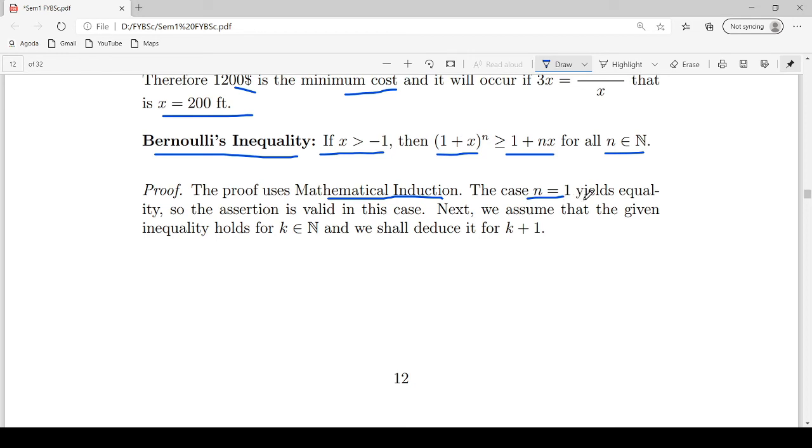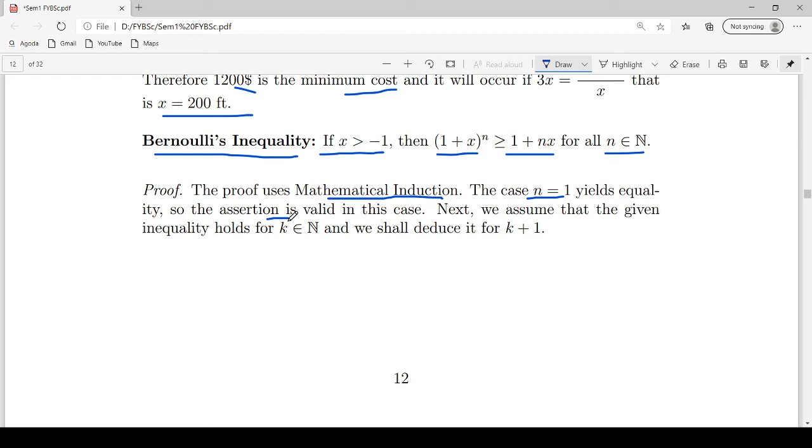If n is equal to 1, your 1 plus x raised to n will be equal to 1 plus x, and 1 plus nx is also equal to 1 plus x. That means in this case equality will occur. That means you can say your assertion is true if n is equal to 1.